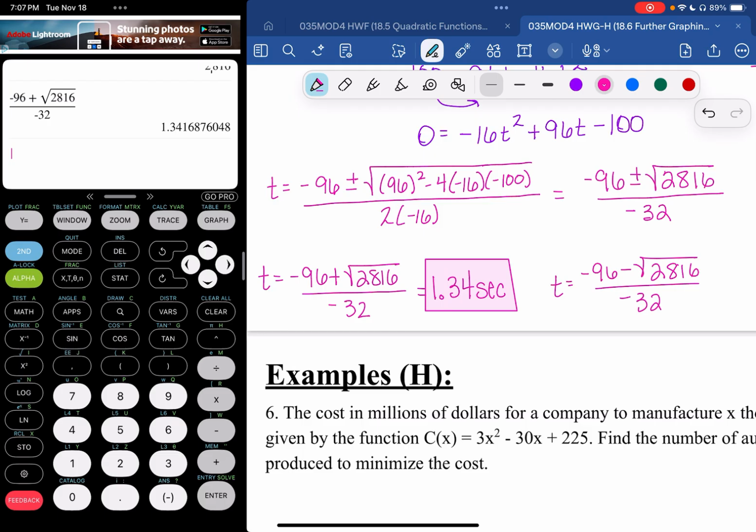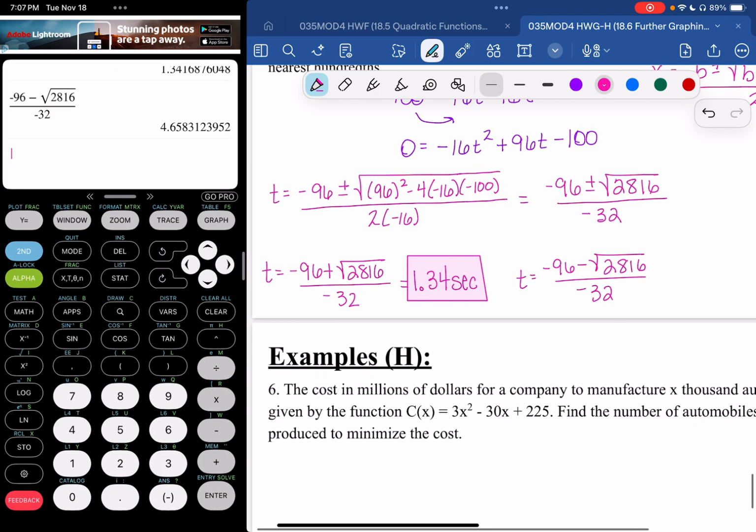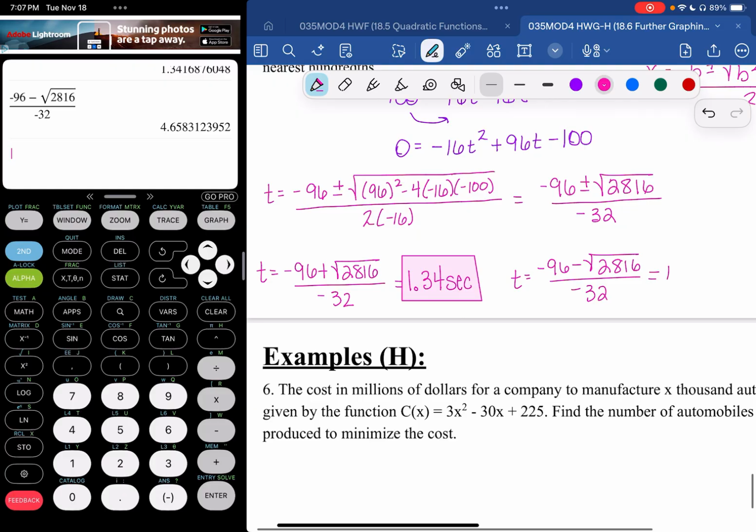So the first time it hit was 1.34 seconds. Now let's do it again. So negative 96 minus the square root of 2816 over negative 32. And I get 4.66 seconds. So that was the second time that it hit 100 feet.